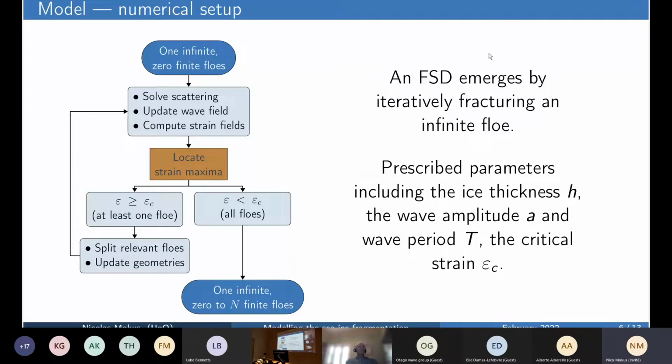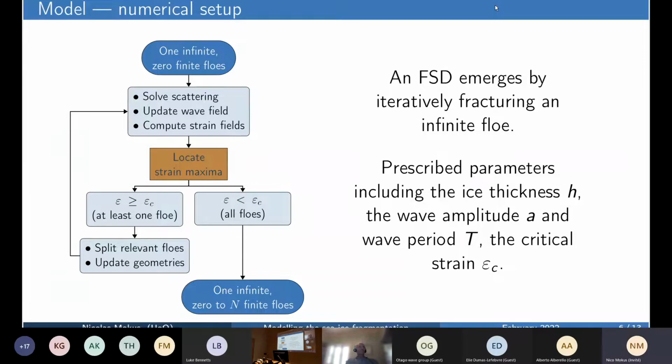So this is the outline of the numerical experiment we ran. The idea was really to highlight the effect of waves on the floe size distribution, so we ignore all other processes affecting the ice. We let a distribution emerge by repeatedly fracturing floes of a semi-infinite ice cover covering the right end of the domain.